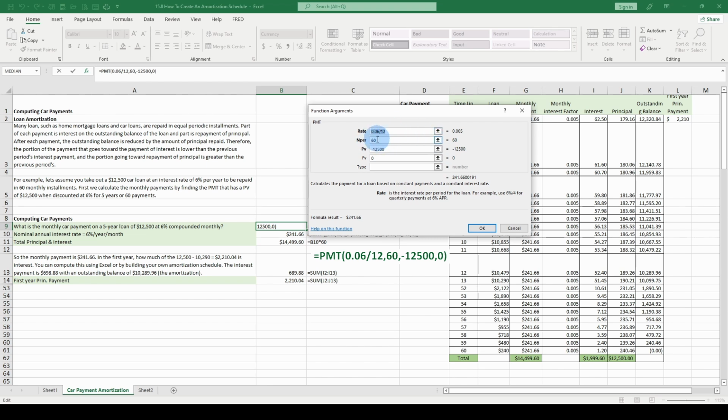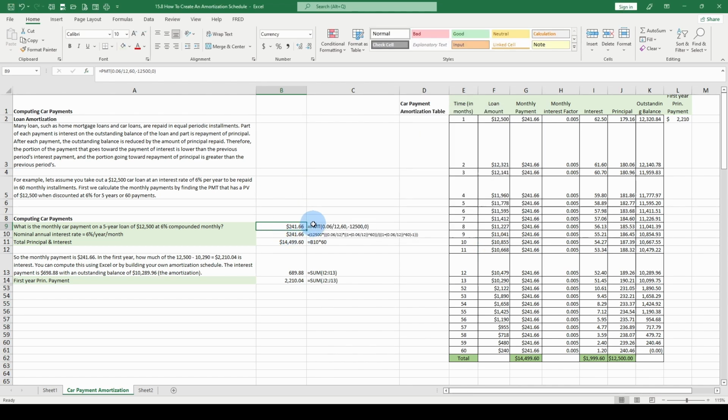If we divide the rate by 12, we have to multiply the period times 12, or that's 60. This is a negative present value because we're paying, so we need to discount this back. Future value, we're not dealing with. Type, we're not dealing with. You hit OK. You can see the formula result is 241.66.